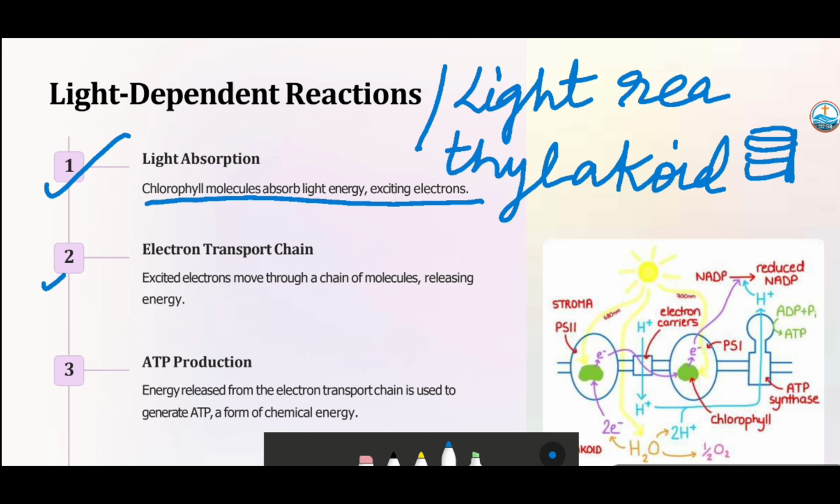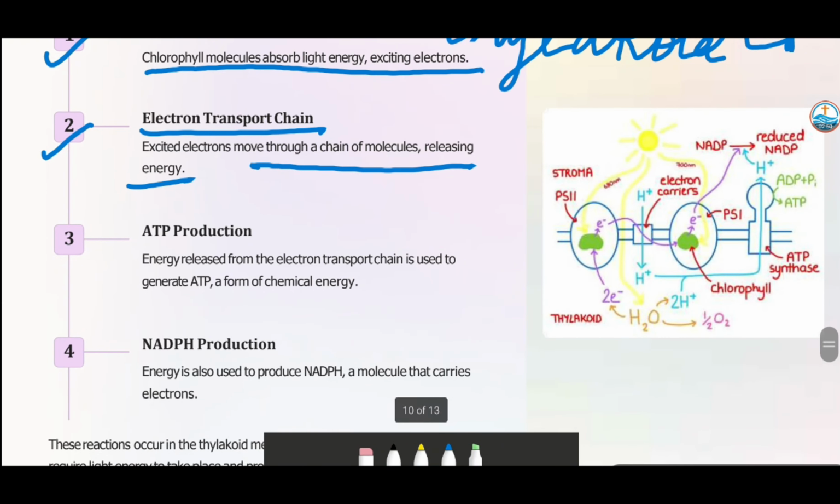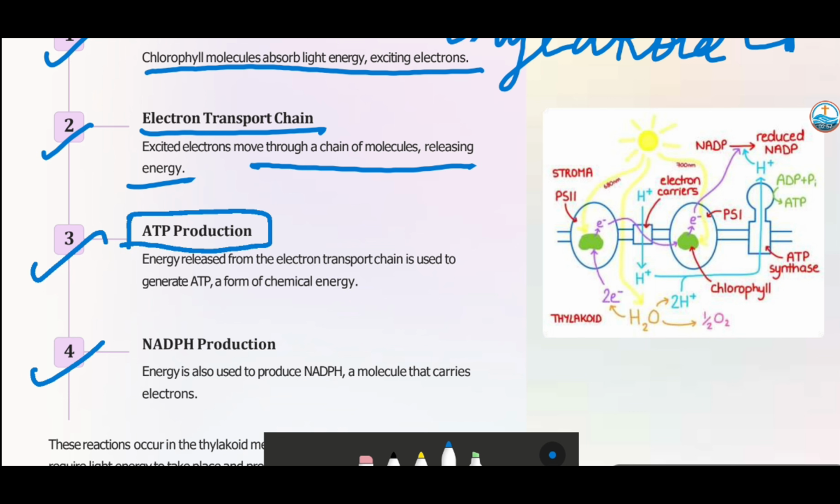We will see now. Then the electron transport chain: excited electrons move through the chain releasing energy. This is the chain which I am going to explain now. As a result, it produces ATP and NADPH. These are two very important points.